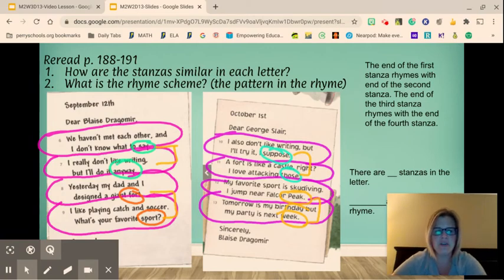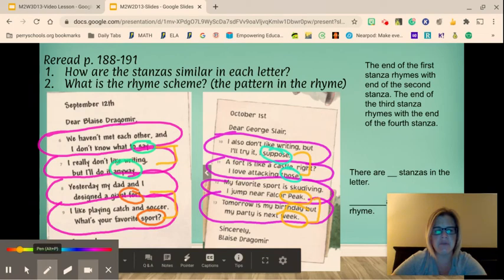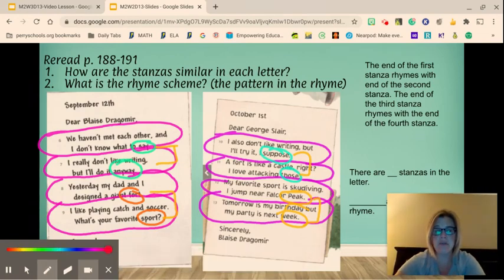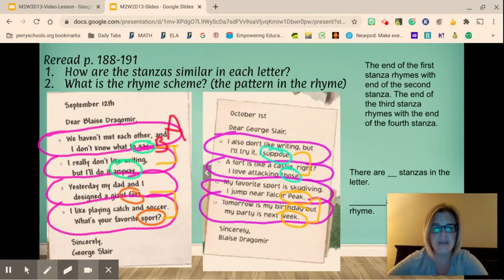If I wanted to go through and label my rhyme scheme, I could look at each line. I like labeling each rhyme. So I would call this A, B, and then my next line doesn't rhyme with anything, so I'm going to call it C. But anyway rhymes with say, so that becomes B. And then I have to start again.